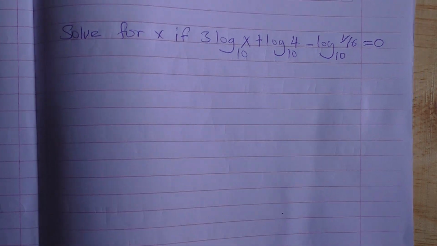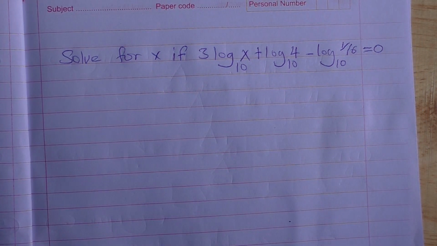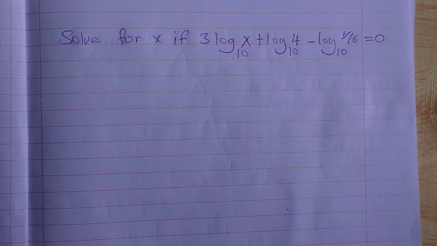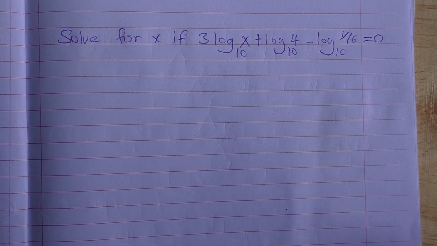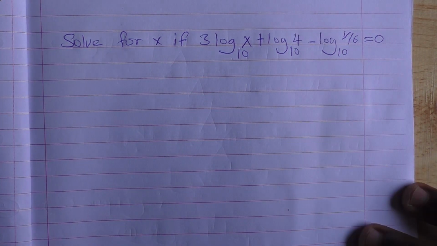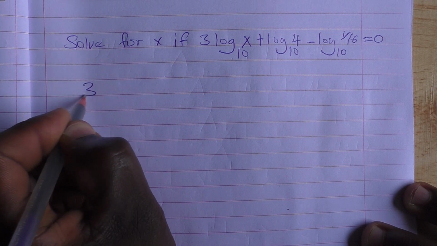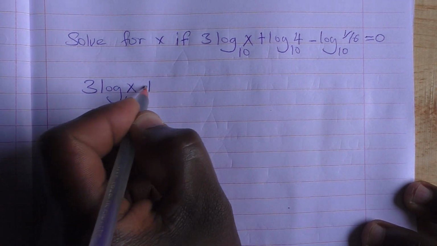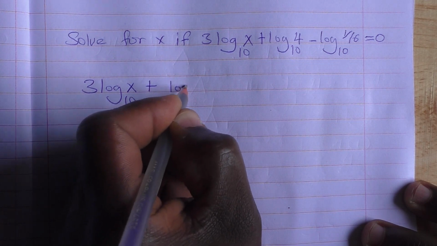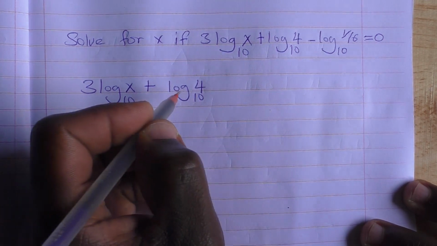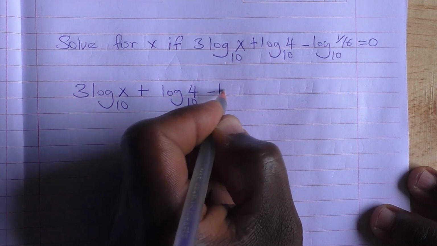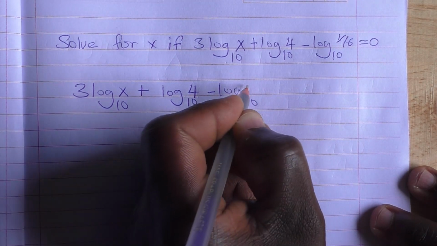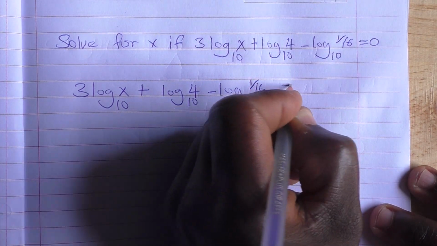So for us to solve for x, we must apply the laws of indices. That is, we have 3 log 10x plus log 10 power 4 minus log 10 power 1 over 16 equaling 0.